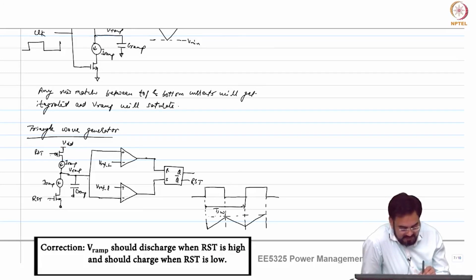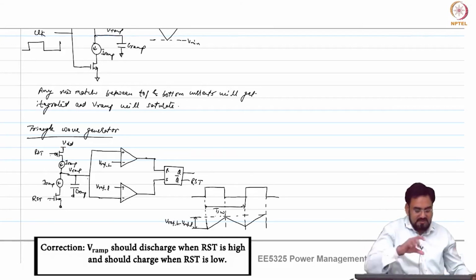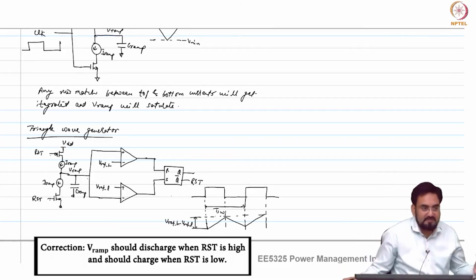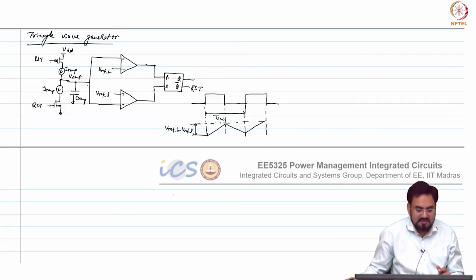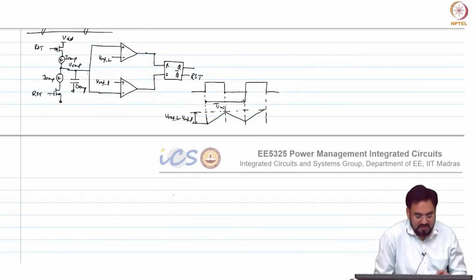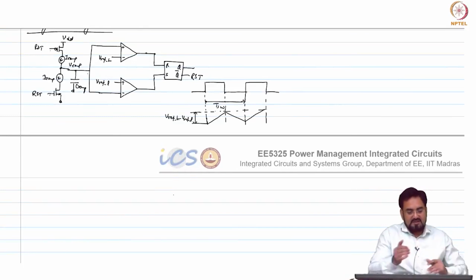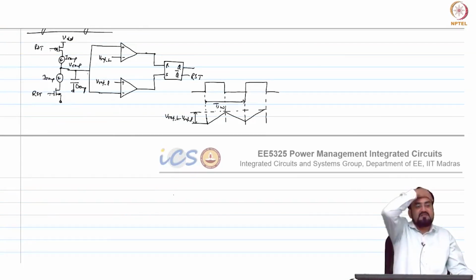And what will be the amplitude of this? VREF H minus VREF L, which means the difference, if you keep it equal to VM, it will remain VM. So how do we decide? How do we choose VREF H and VREF L?